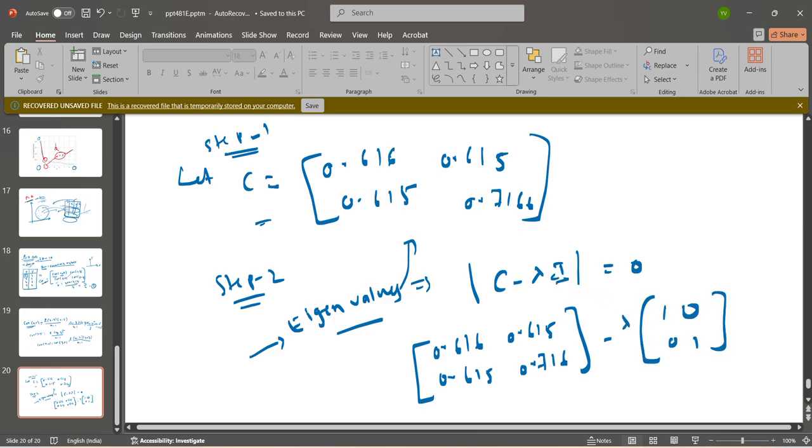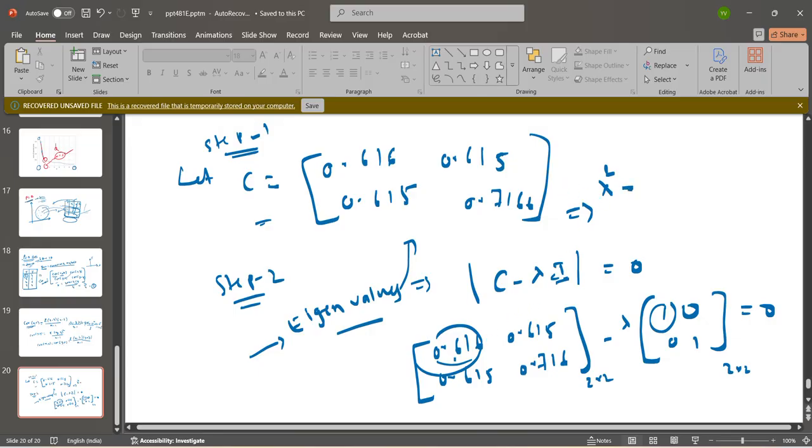Obviously, I is the identity matrix, and for a 2 cross 2 matrix it should also be 2 cross 2, equal to 0. So this particular value minus lambda times 1 is equal to 0. That way we have to write the equations, right? Then we will get two eigenvalues. Obviously, a 2 by 2 matrix means 2 eigenvalues, which is why it gives a quadratic function.